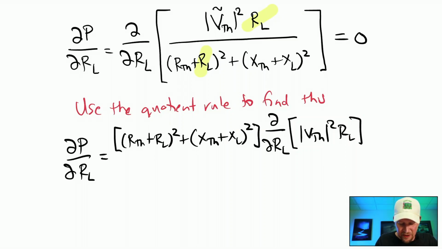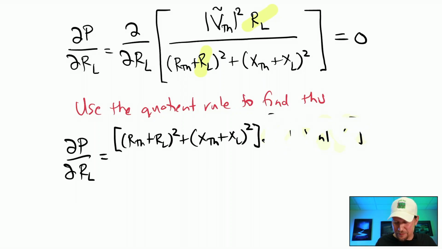And notice that, very beautifully, the R only appears there. The Thevenin voltage magnitude is constant. So this whole term is just 1. I'm going to go ahead and simplify this. Hopefully you copied down what we have there, but the whole thing is just 1.